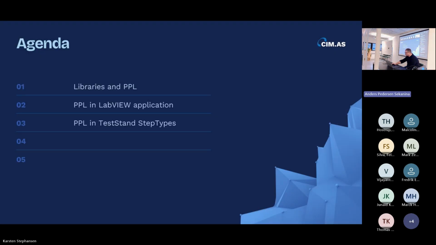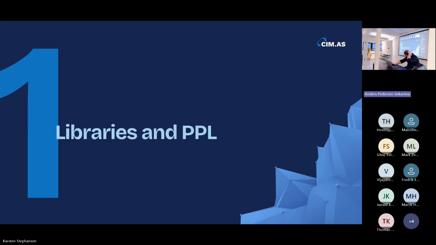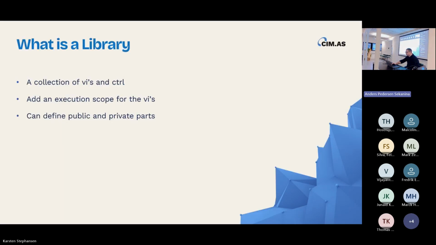So we are talking about libraries and packed project libraries. What is a LabVIEW library? A LabVIEW library is a collection of VIs, controls and classes. You can put whatever you like in your library.